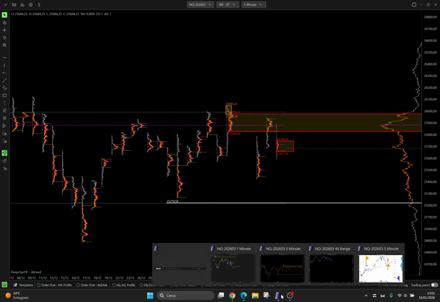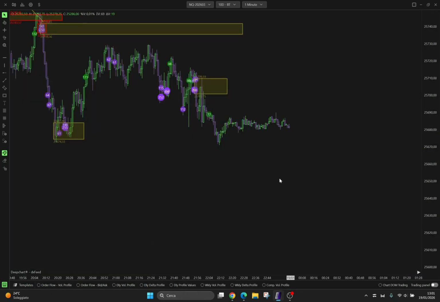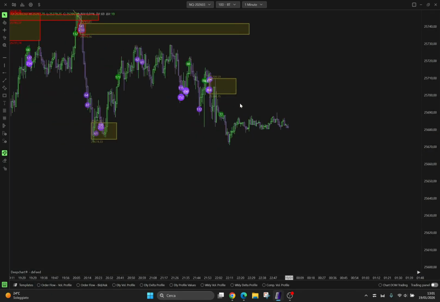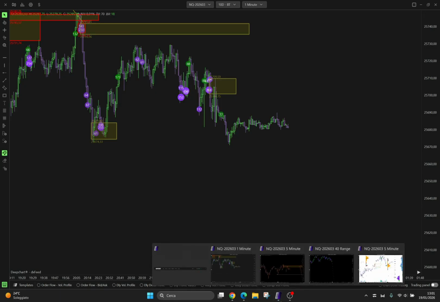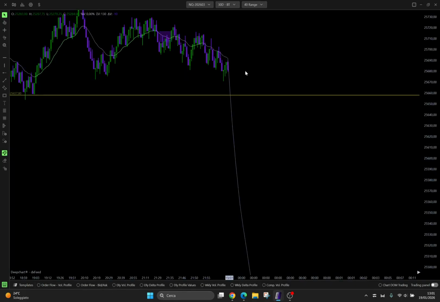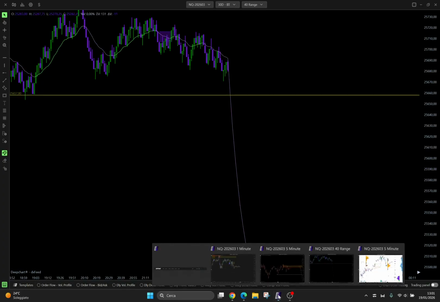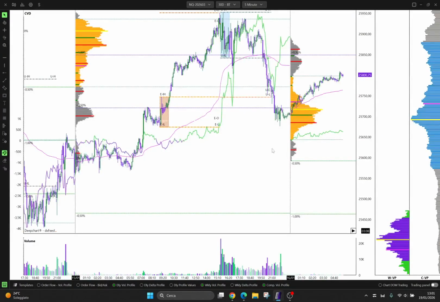Then what do I have? I have the execution template. What do I do here? I frame the areas. I frame the zone. Here I can understand where the auction is in my favor, from which point the sellers can take control. And this is exactly the point. I also want another piece of information about when they put their foot on the gas and when they release.